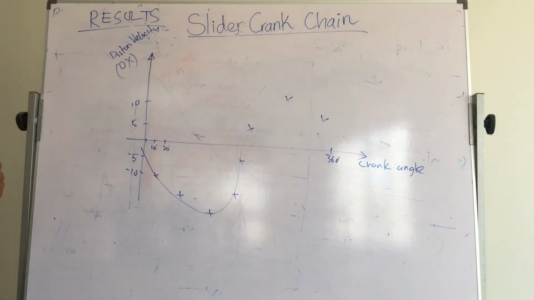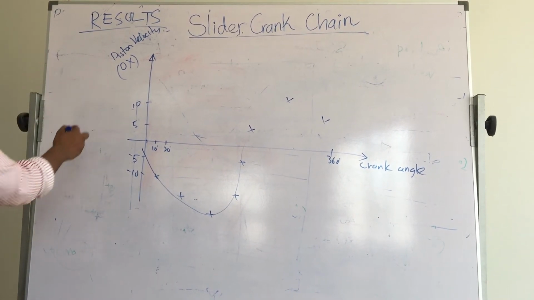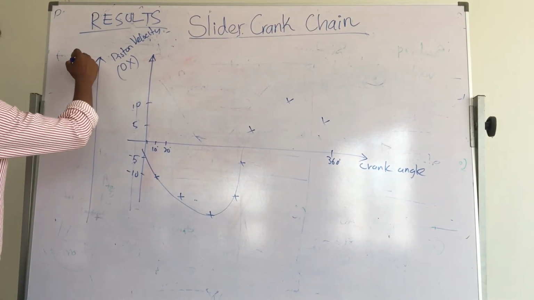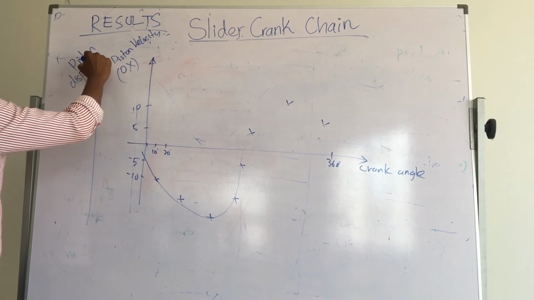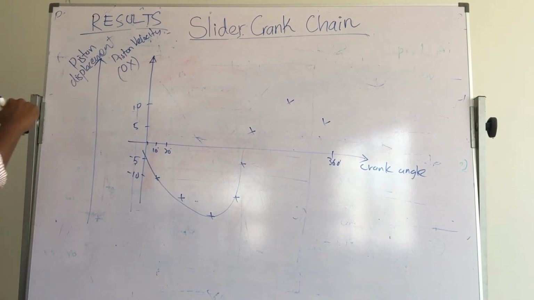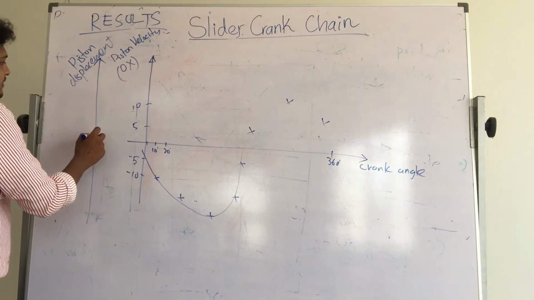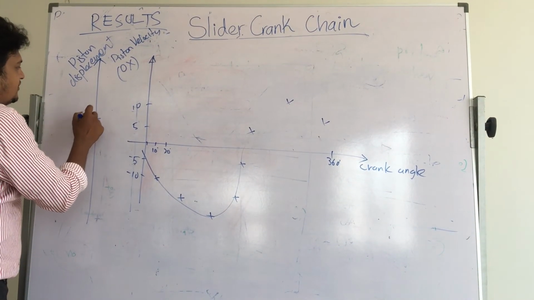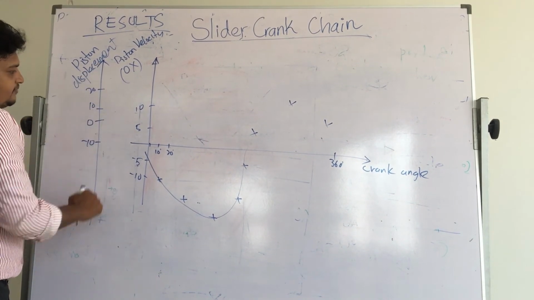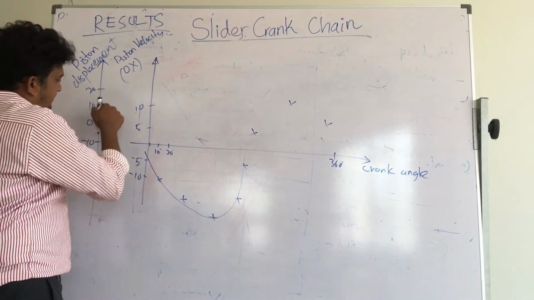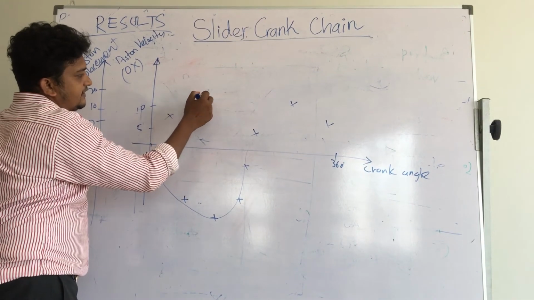Second, they ask you to plot on the same graph sheet, but with another y-axis, the piston displacement. This reading also we got from the observation part. On the same crank angle axis, at 0, 10 or 20, indicate all the corresponding displacement readings.